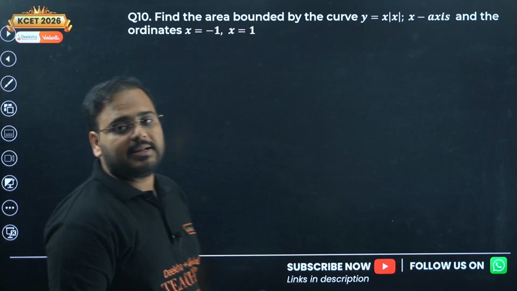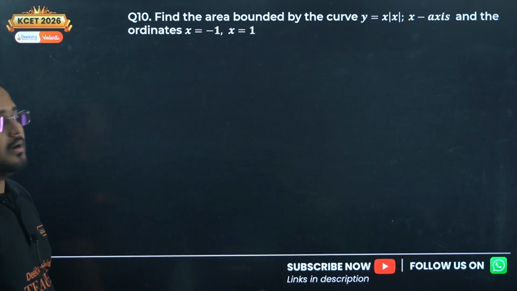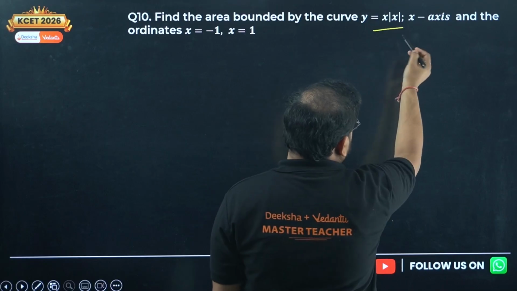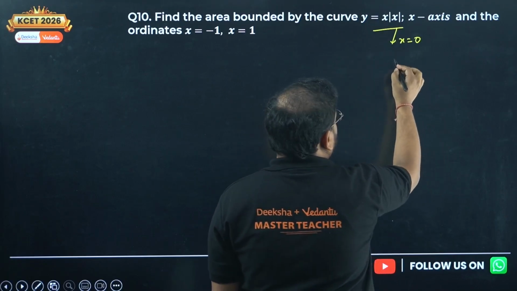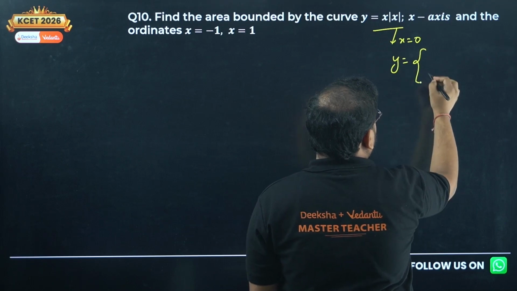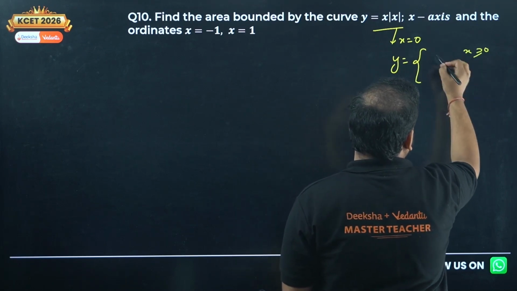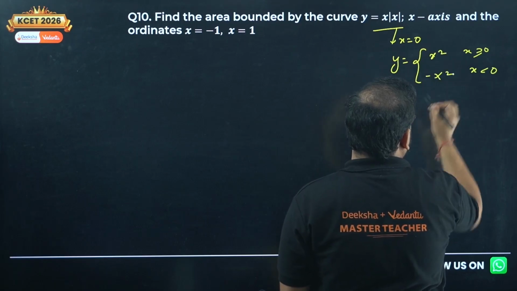Question number 10. Find the area bounded by the curve. Modulus is there. Modulus will change sign at x equals 0. So if I define the function again, for x more than 0, you'll have this as x square, and for x less than 0, you'll have this as minus x square.